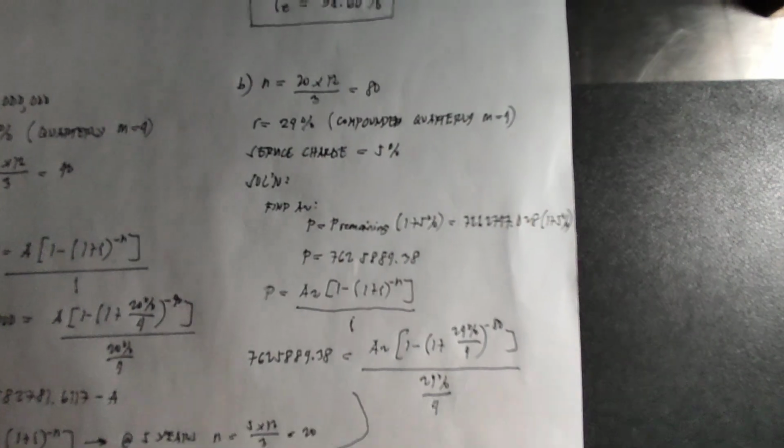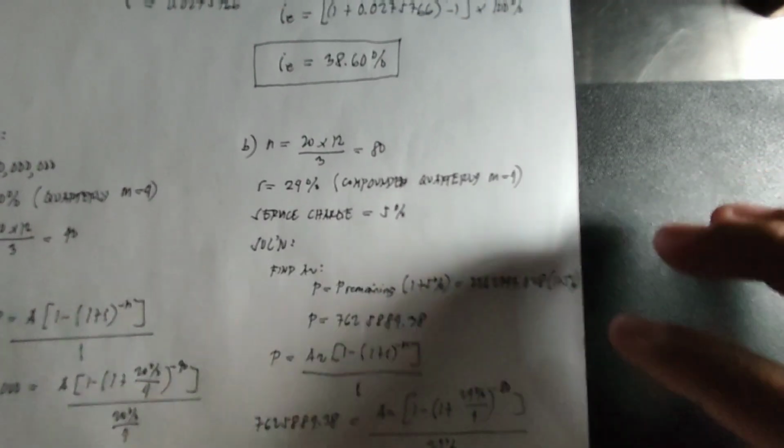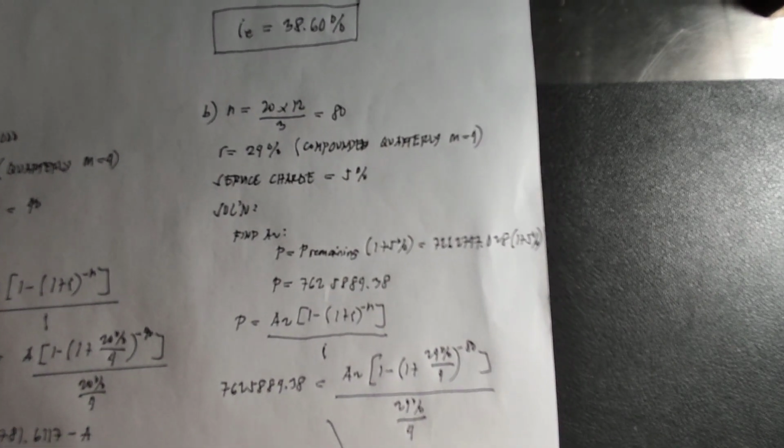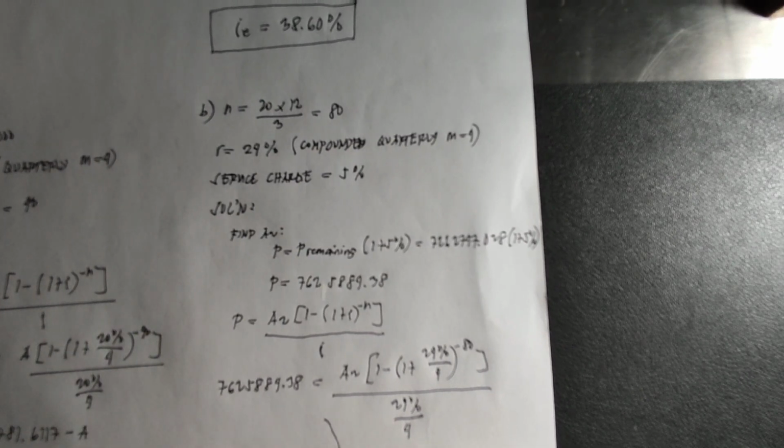So for our letter B, our N is equal to 20 times 12 over 3, which is equal to 80. Then our R is equal to 24% compounded quarterly, M is equal to 4. Then our service charge is 5%. So the solution to find A sub 2: P is equal to P remaining multiplied by the quantity of 1 plus 5%.